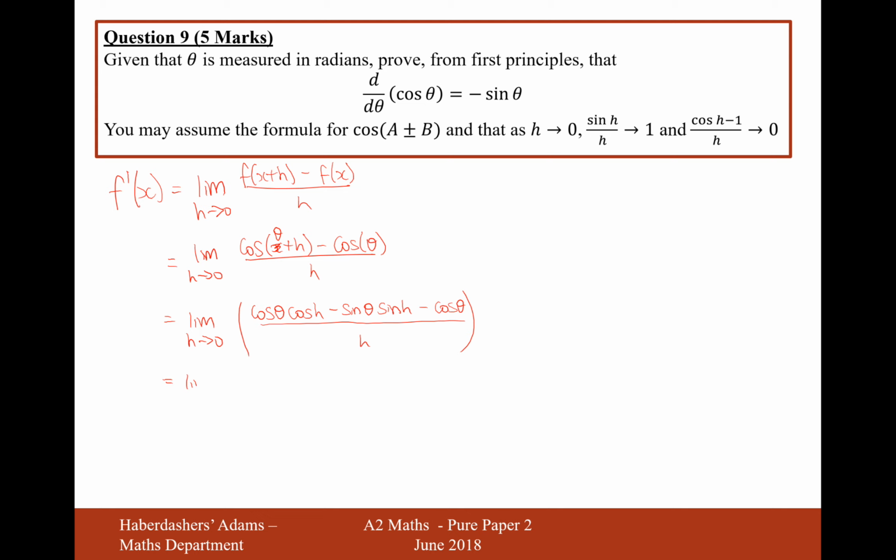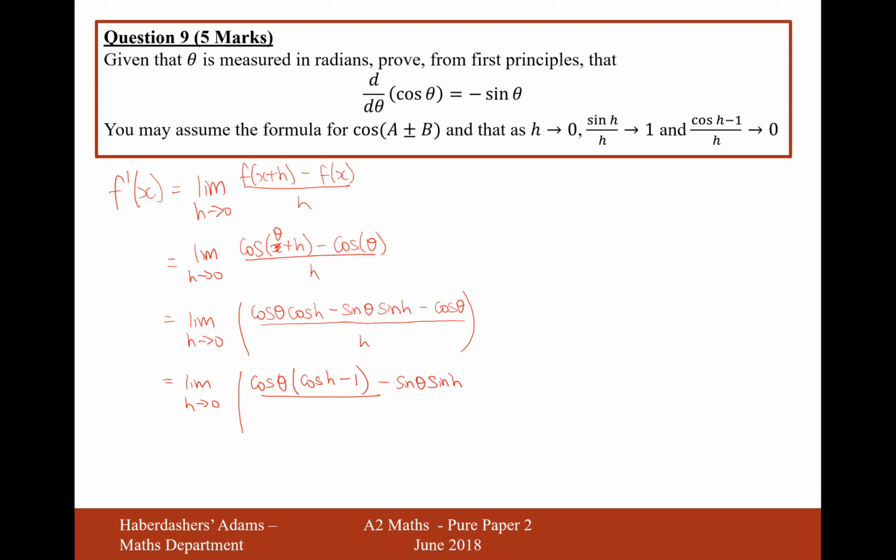Let's now just reorganize what we've got slightly. We've got two cos thetas, so we can effectively factorize that. So it'd be cos theta and then inside some brackets. The first one is cos h, the second one is just a single cos theta on its own, so it's effectively minus 1, and then it's take away sine theta sine h.